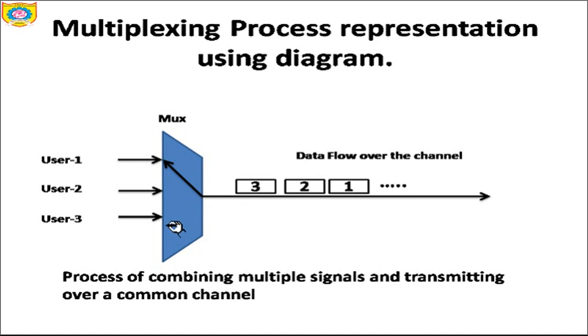When the switch moves to user 3, user 3 is eligible for transmission, and that is this 3. So at different instances of time, user 1, user 2 and user 3 send their information. This is called the process of multiplexing. We have combined multiple signals over a single common channel, as represented by this simple diagram.